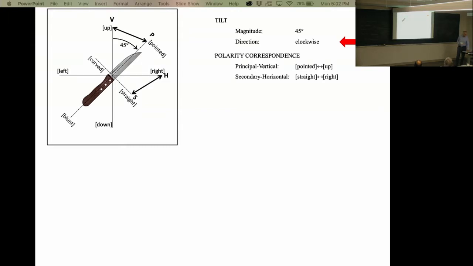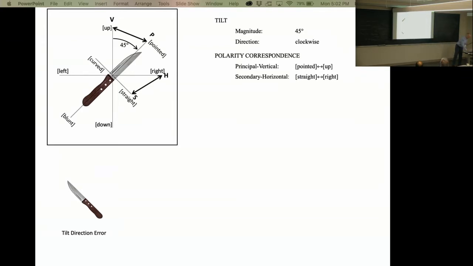So perhaps you remember most of the orientation, but you forget the direction in which it was tilted. If you then have to reconstruct the orientation, you might get lucky and assume that the tilt was clockwise from the vertical, but on the other hand, you might get unlucky, in which case you would represent the tilt as being the correct 45 degrees, but in the wrong direction. And in that case, you might make a tilt direction error.